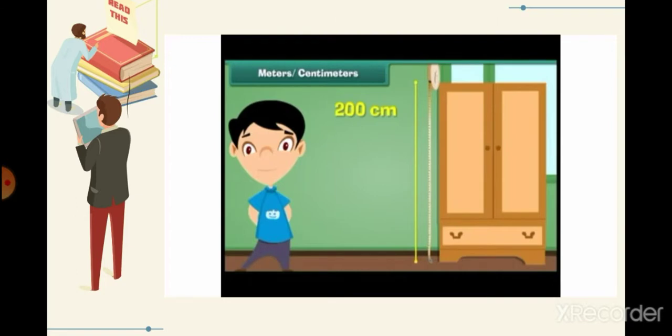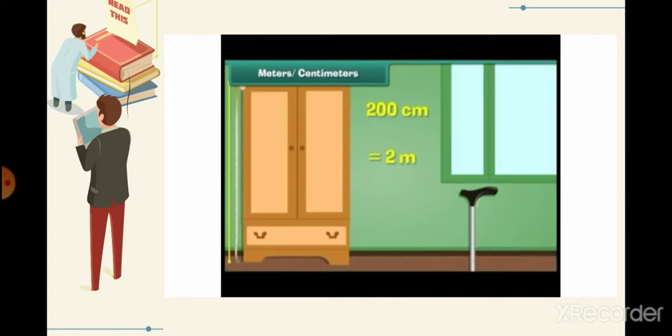So the height in meters is 2 meters. Similarly, the length of the walking stick is 100 centimeters. We can say 1 meter. So 100 centimeters equals 1 meter.